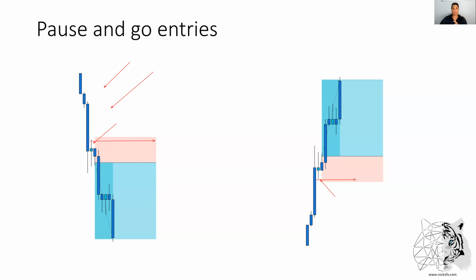I do not like to use those words, but it's a key level. It's your brick wall. Now, let me make this very clear. This level is only valid for a pause and go entry, because this is just showing a slight pause in this momentum before the market rallies down.